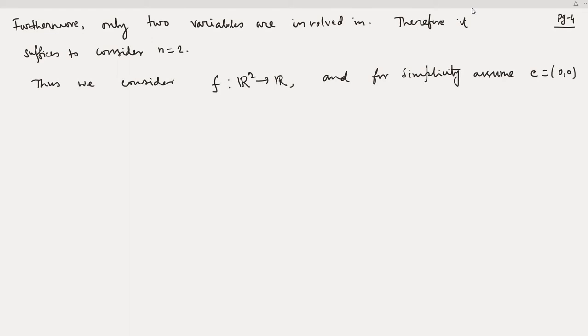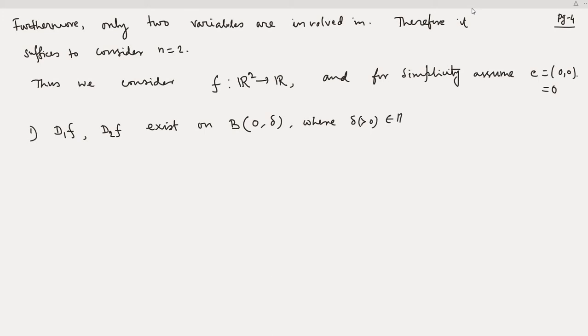So what are the given conditions here? The first condition is D1 f and D2 f exist on the open ball with center at c, that is B((0, 0), delta), where delta is a real number greater than 0.